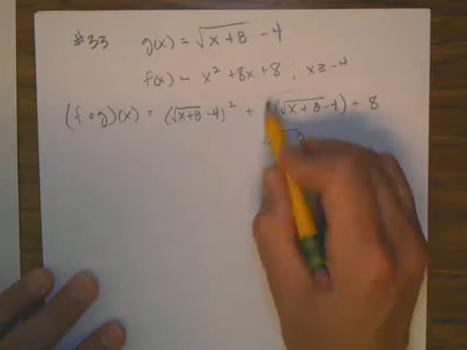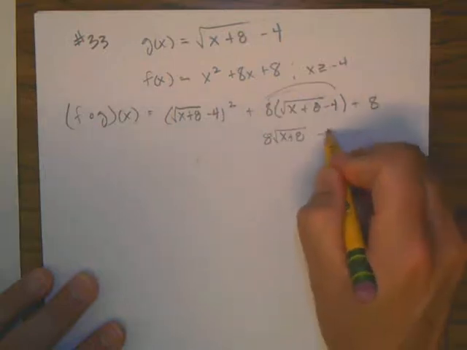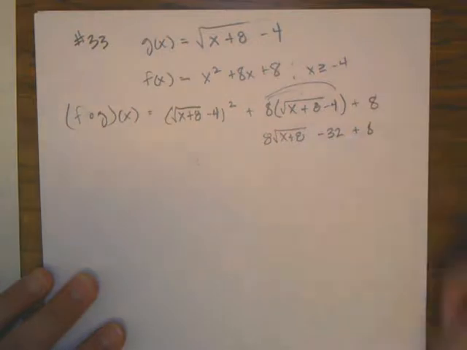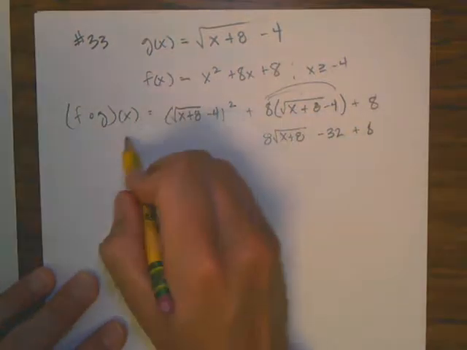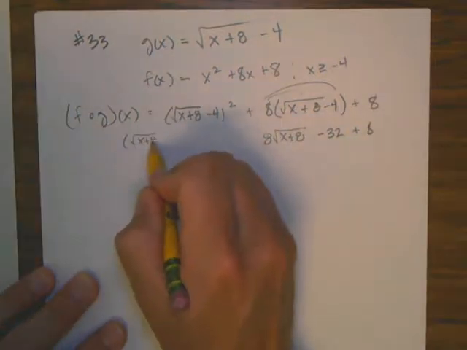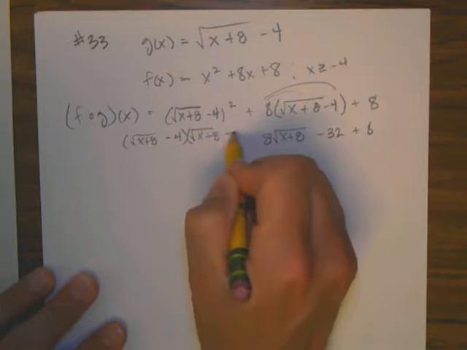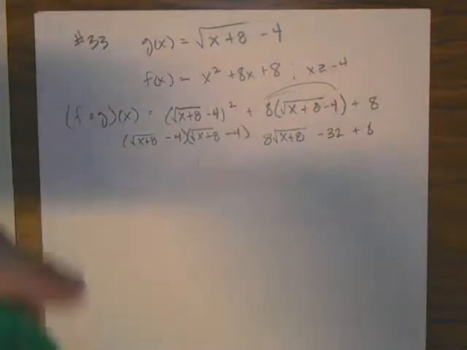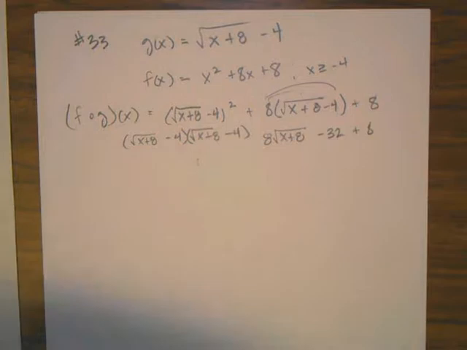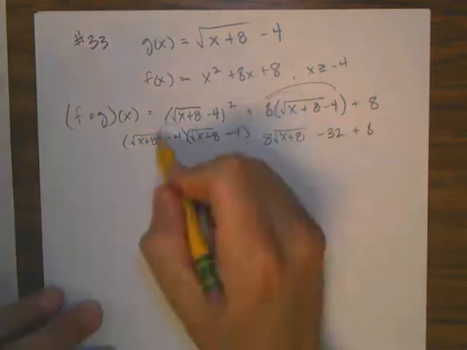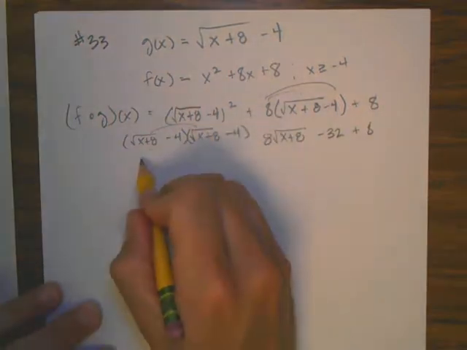This is where it gets weird. Square root of x plus 8 minus 4, times square root of x plus 8 minus 4. FOIL. Square root of x plus 8 times square root of x plus 8 is just x plus 8. Square root of x plus 8 times negative 4 is negative 4 square root of x plus 8.